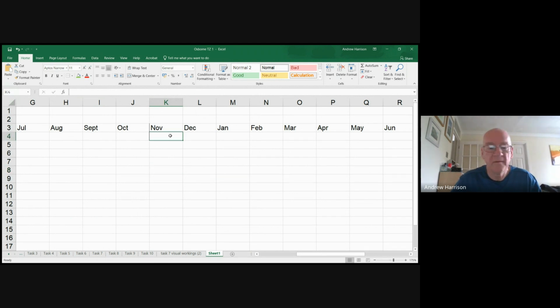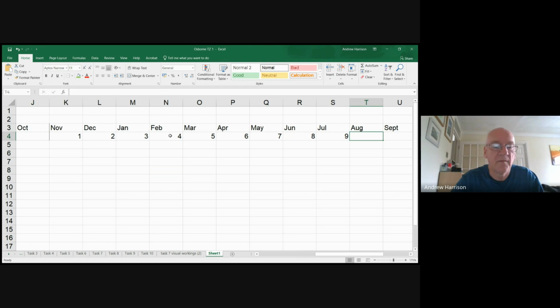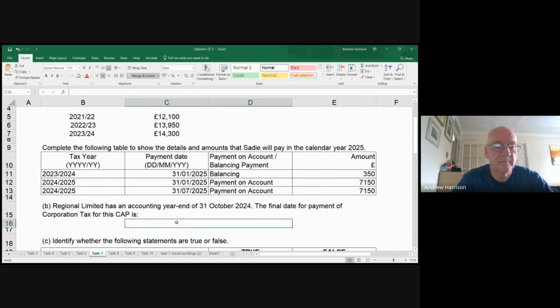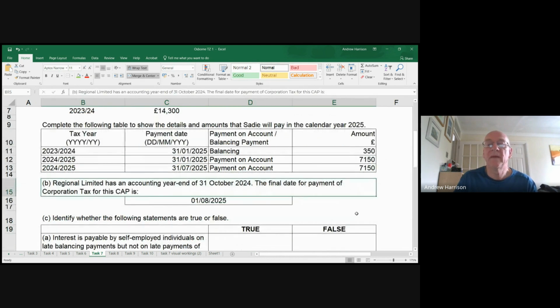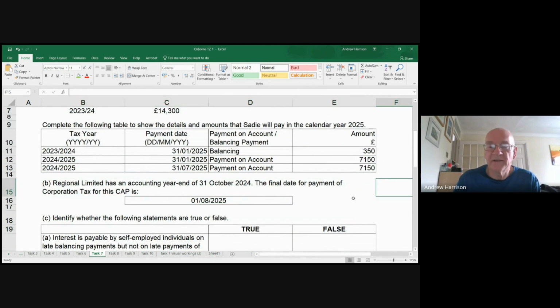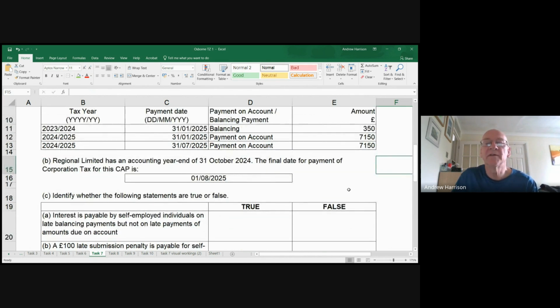So that's 1 month. 2, 3, 4, 5, 6. So the first day in August. Yeah, we can now fill that one in. It's 5. 9 months and 1 day. Information in the reference material. That timeline, of course, comes in useful on lots of other questions as well.